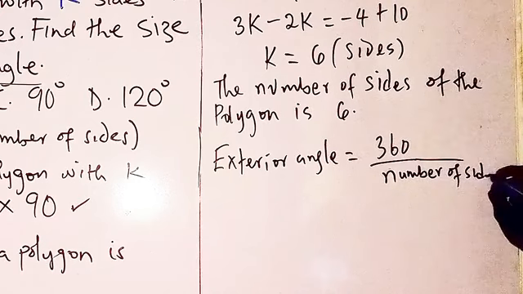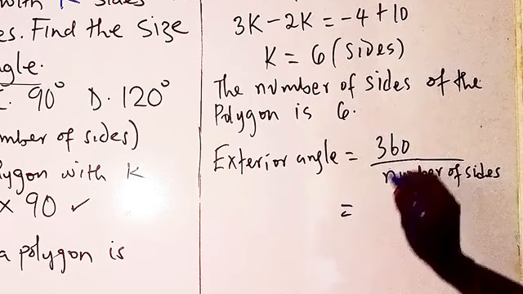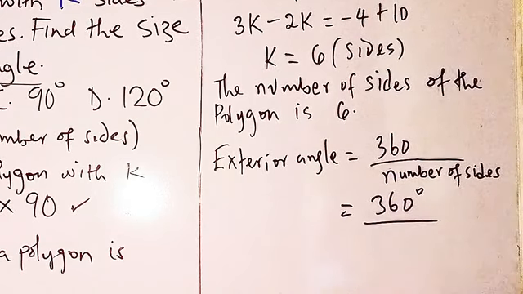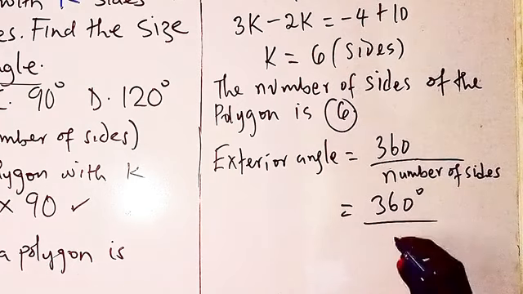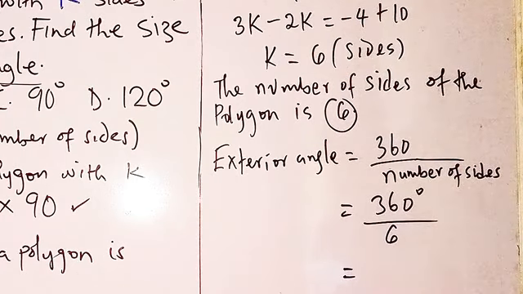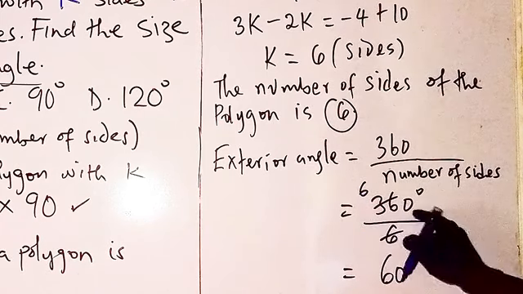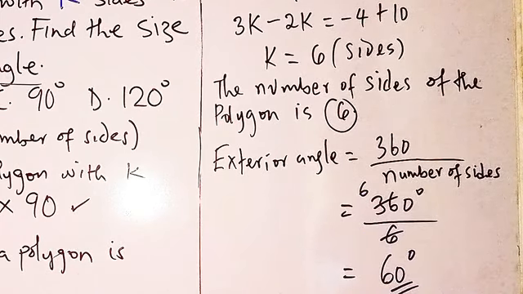Therefore, we are going to have 360 degrees divided by the number of sides, which is 6. So 360 divided by 6, we're going to have 60, because 6 times 6 is 36. So 60 degrees.